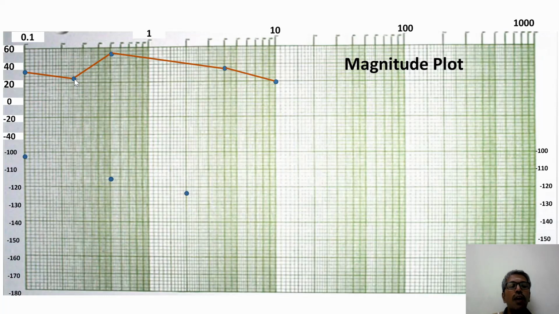You have to mark the corresponding phase angle for each corner frequency. Then you have to connect all the values to get the phase plot. So this is the final Bode plot for the given open loop transfer function.